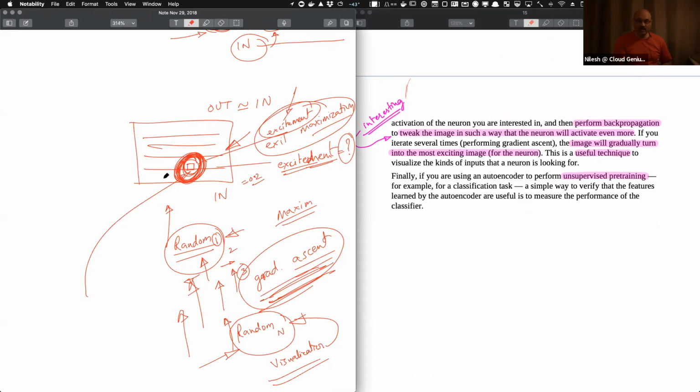And then you can study the patterns of what inputs actually lead to excitement, which will help us gain insights on what features this network cares for. So we can then understand where we can use it. So that's the underlying idea, which is, I find, a very interesting proposition, because you can actually use these techniques in unsupervised pre-training.